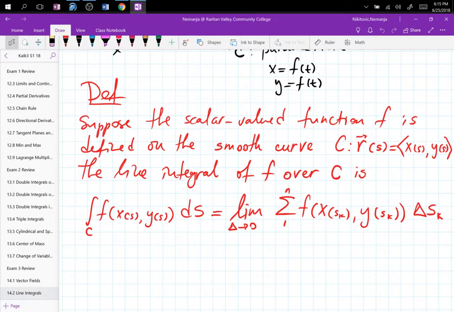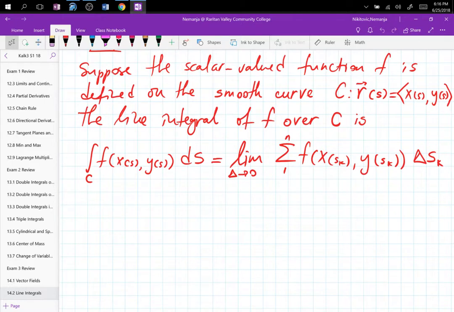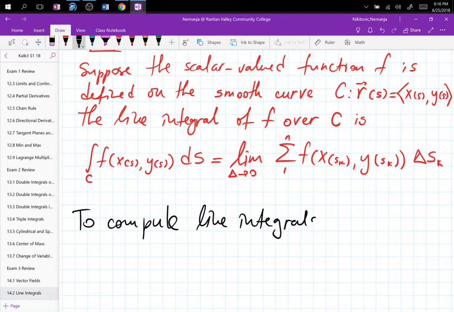Now that's not the way to calculate this thing. We want to figure out a better way to calculate. So we are going to define the line integral through theorem 14.1, which is actually the way to compute. So to compute line integrals, use the process below.